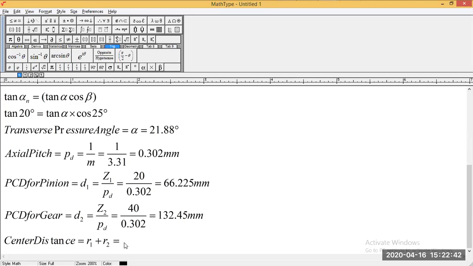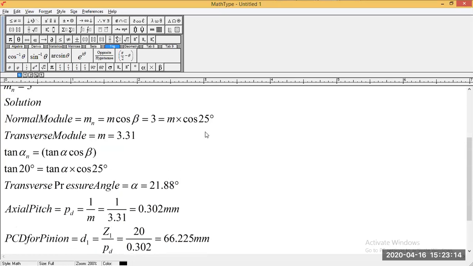So half of both, divided by 2, plus 0.225 by 2, is around 99.34. So that's how you find the center distance. This is how you take radii of pinion and gear and add them up. So that's how you do it.